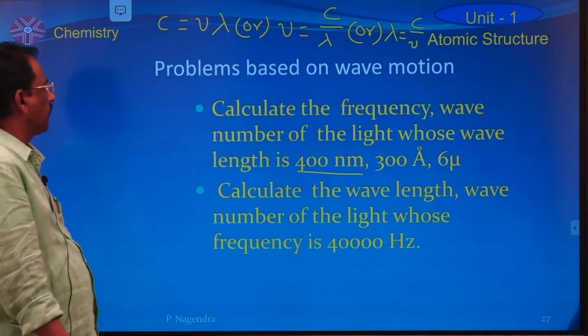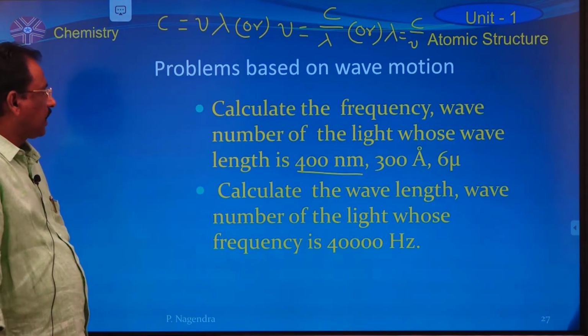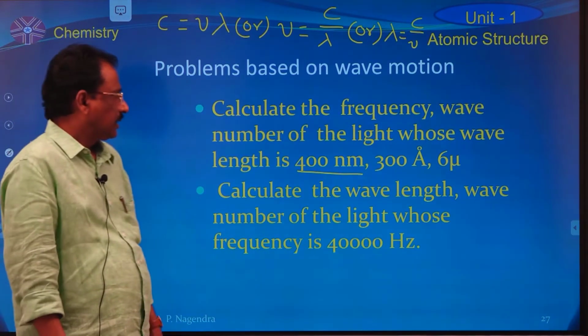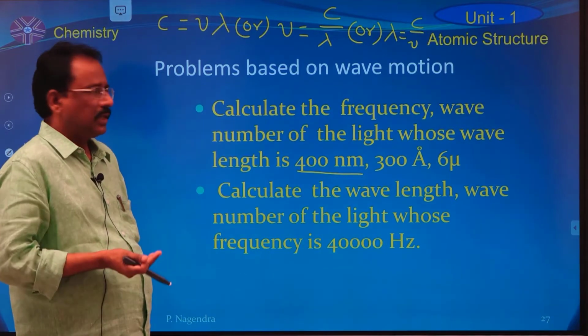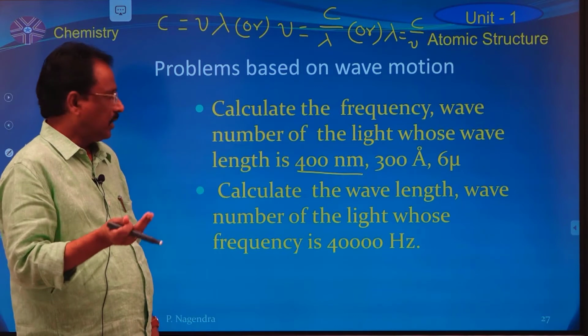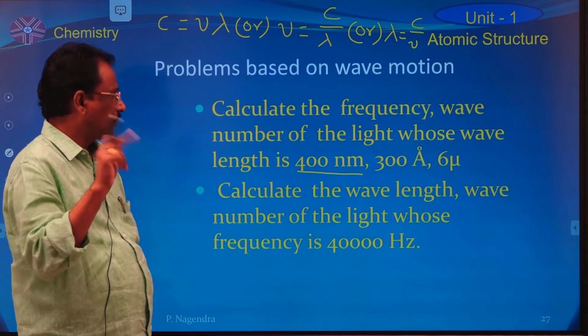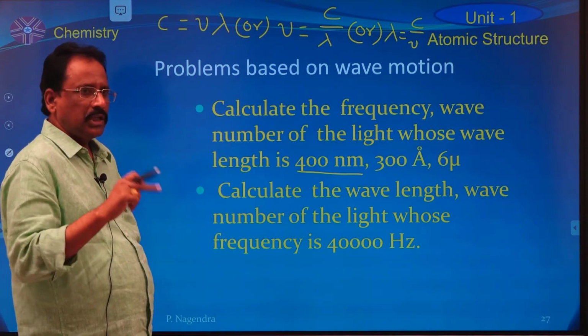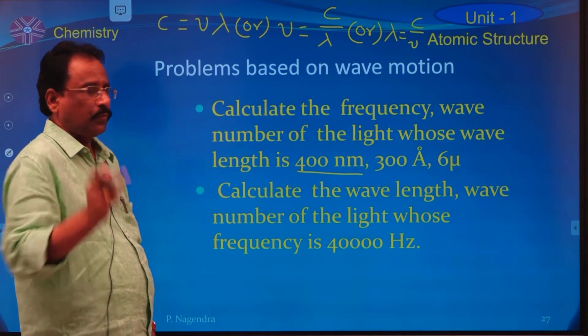This is a very important formula to calculate the frequency, wave number, wavelength. Among these three, if you know any one, it is possible to calculate the other two.